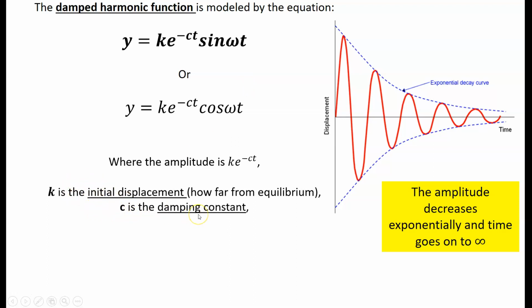C is the damping constant. Again, that's just going to be a number. Think about a tennis ball and a basketball. They bounce differently because they weigh different amounts, they're made out of different stuff, there's maybe different air pressure in them, and so the way that they react is going to be different.